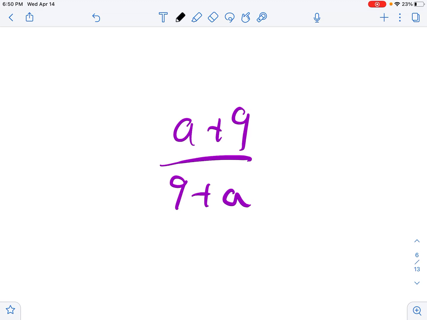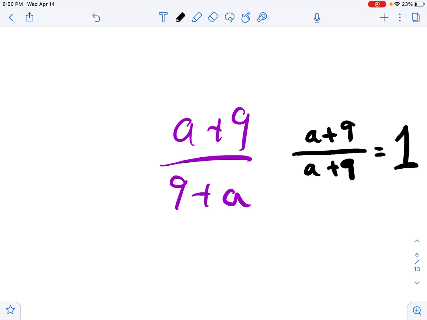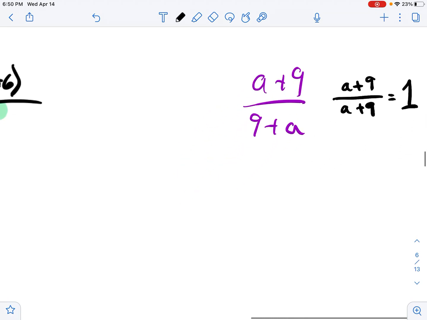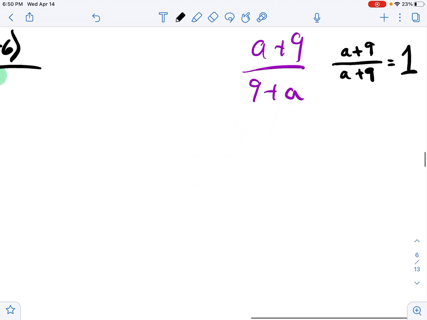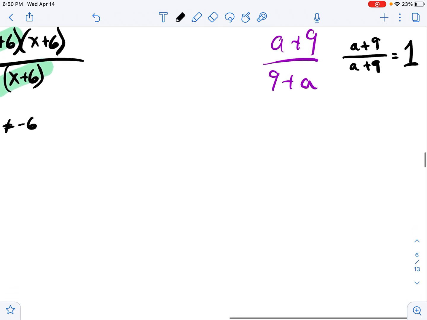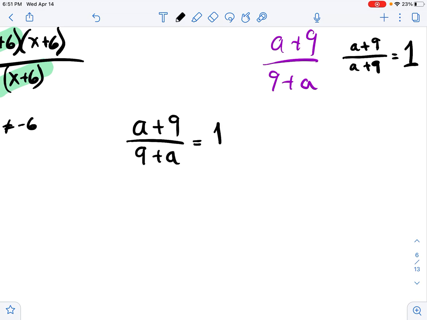So just because this is addition, maybe I can't simplify, but wait, a plus 9 over 9 plus a. 9 plus a can also be written as a plus 9, and that's just exactly the same thing, like 7 over 7, 12 over 12, so this is equal to 1. And you guys are going to encounter some interesting ones as I try to explore this with you a little further. So a plus 9 over 9 plus a, we now know just equals 1.